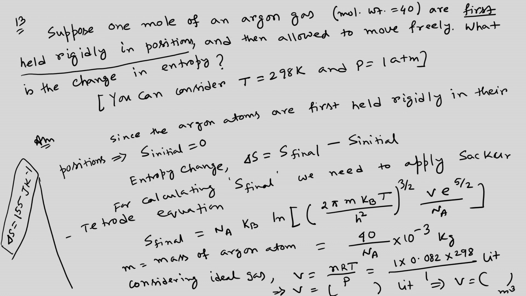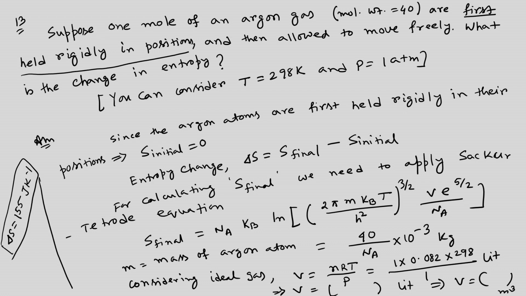So, Sackur-Tetrode equation says S final is number of particles times Kb, and then ln of twice pi mass times Kb times temperature by h squared, whole to the 3 by 2, times volume, e to the 5 by 2, divided by number of particles.